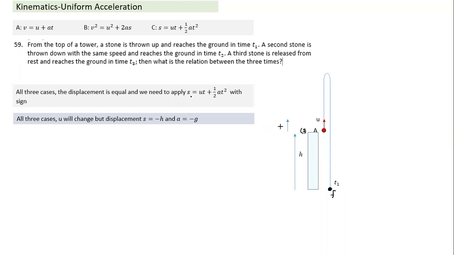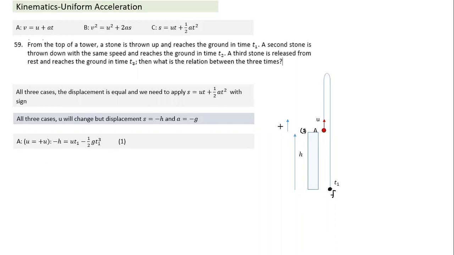Since this involves displacement and time, this is the equation I need to use. I need to use the equation in three cases: one equation for T1, a second equation for T2, a third equation for T3, and then you have to solve the equations. So let's start solving. In the first case, when it is projected vertically upward, since I have taken the upward direction as positive, u is taken as positive.